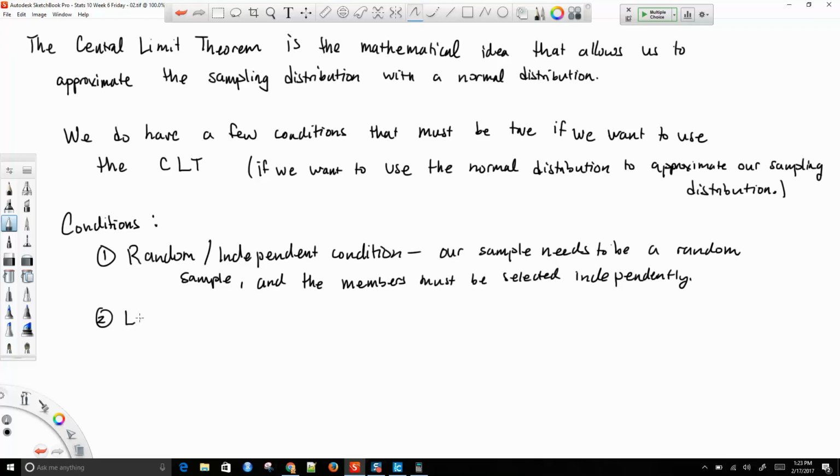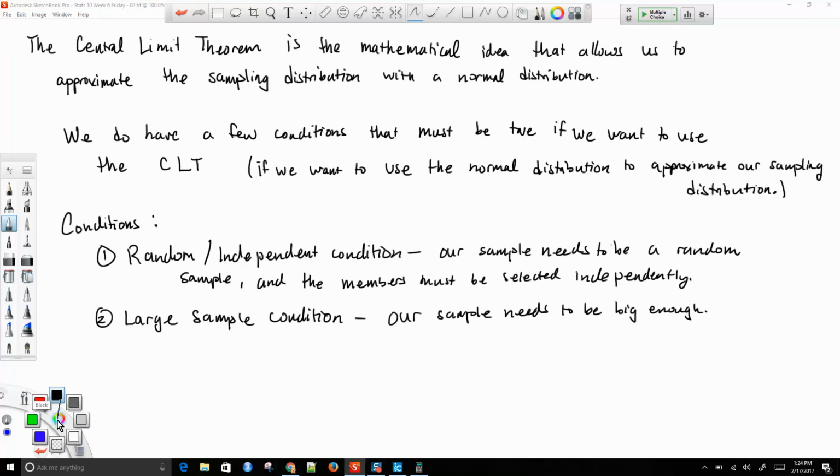Okay, number 2, we've got the large sample condition. This means our sample needs to be big enough. And for categorical data, you must have at least 10 successes and 10 failures in your sample.